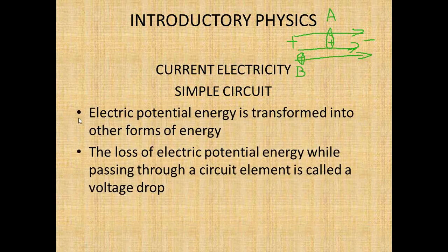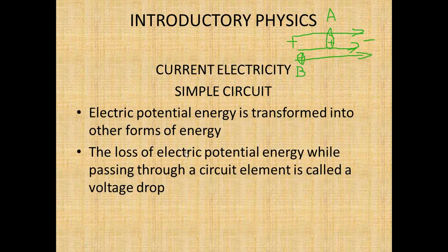Okay? Electric potential energy is transformed into other forms of energy, as we have just shown you. So your electric potential energy is transformed into other forms of energy as your charge moves through your external circuit.